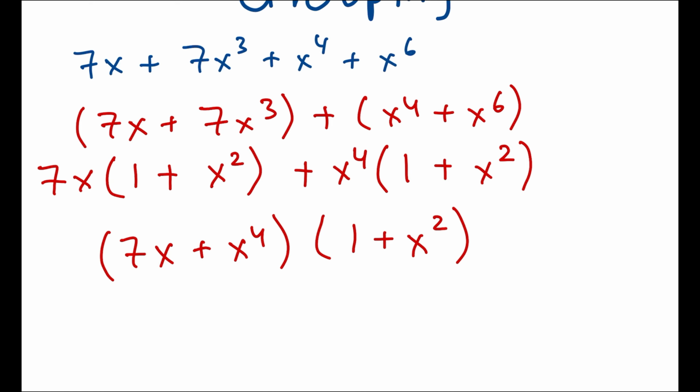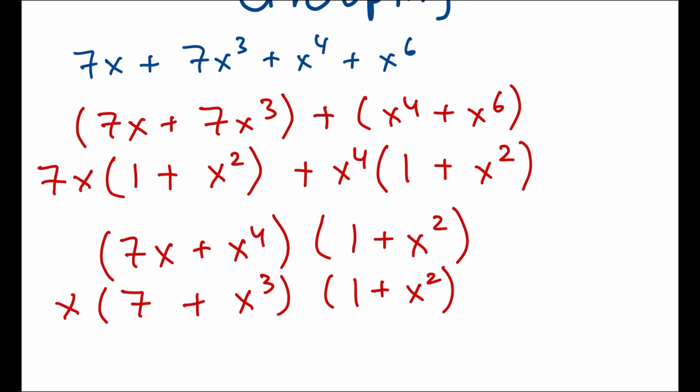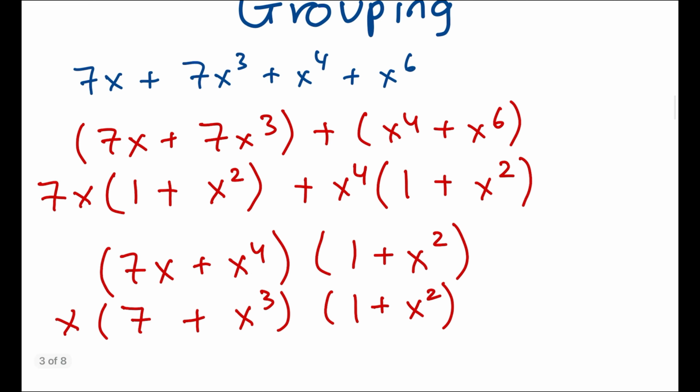So you factor one more time, you factor x. You got 7 plus x cubed. Then this one, you don't find any greatest common factor, so just bring it down normally. So there you are. That's your answer for this grouping method.